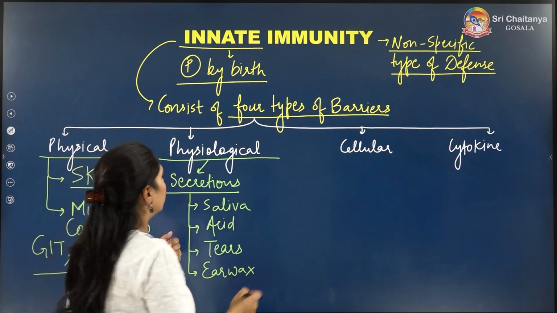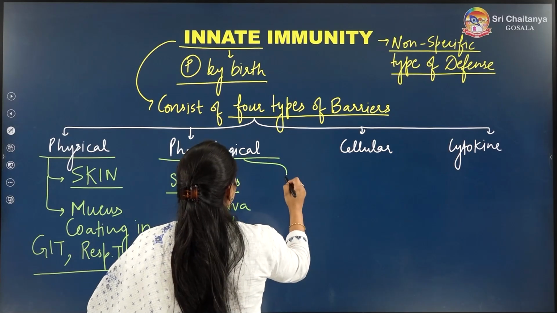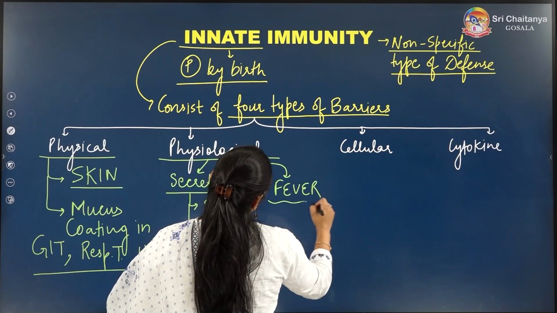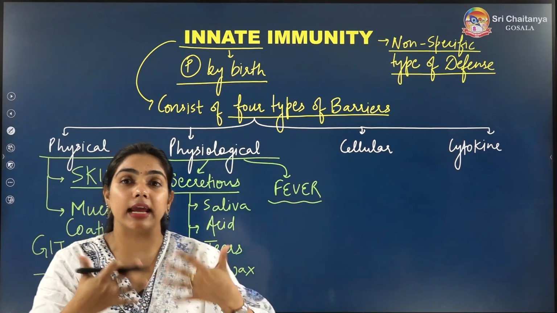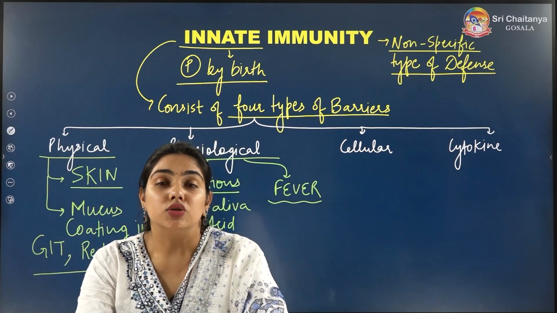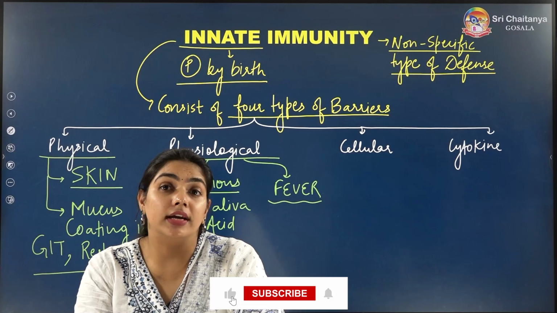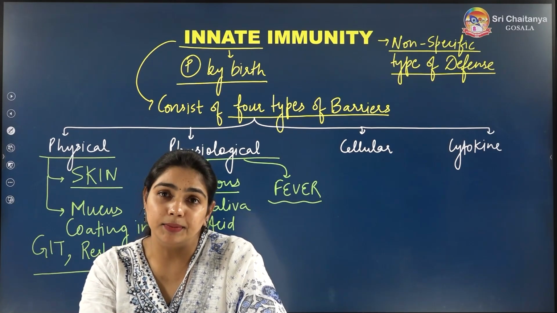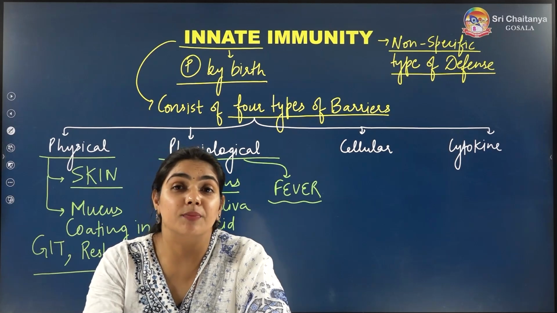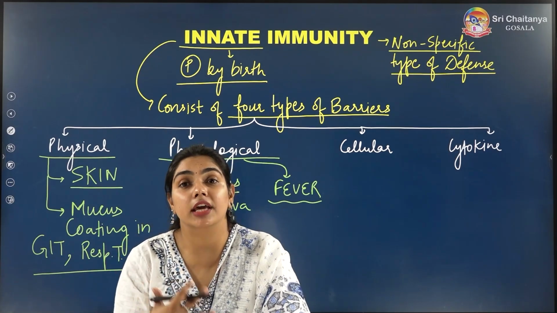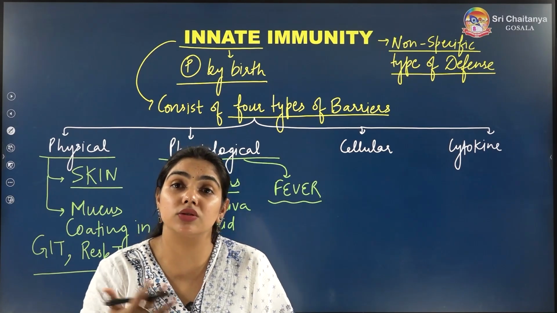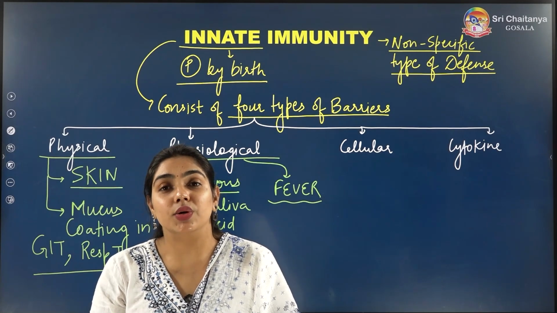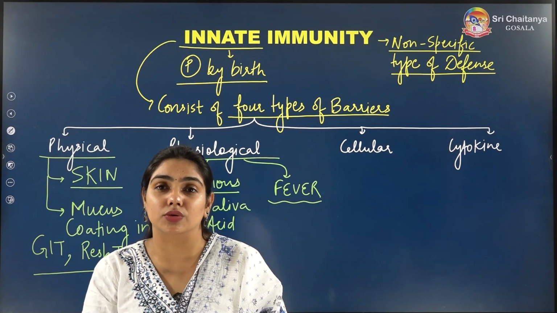Alright. Now in the same physiological barrier I want to include one more thing which you get every time a pathogen enters into your body and tries to cause you disease. You get fever, your body temperature increases. Now people must be thinking fever is bad, right? But no, it is not bad. It is actually working for your body so that the pathogen cannot grow at that high temperature. So it restricts the pathogen growth.